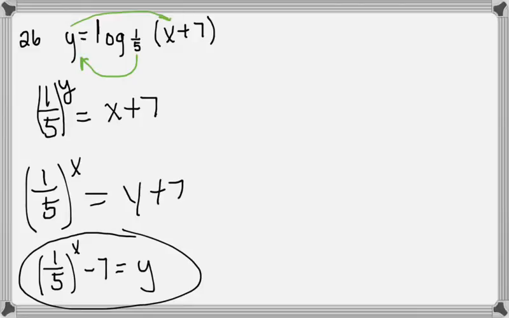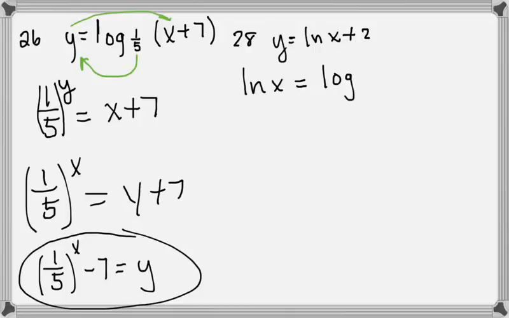Number 28, please listen. On 28, you have y equals the natural log of x plus 2. Let me make a note about the natural log. The natural log of x is the same thing as saying log base e of x.